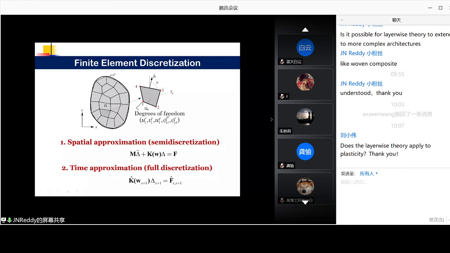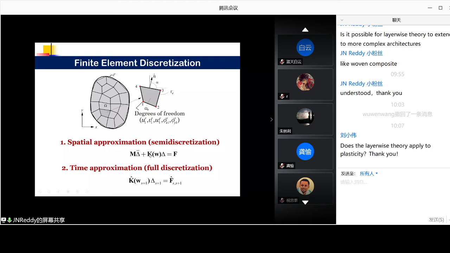So at the end of the application of the principle of virtual displacements and finite element approximation, we get an equation like this, a structural dynamics equation, where M is the mass matrix and K is the stiffness matrix, which can depend upon the unknown degrees of freedom, especially the transverse displacement if it is von Karman type nonlinearity. So M may be a constant matrix, but K is not.